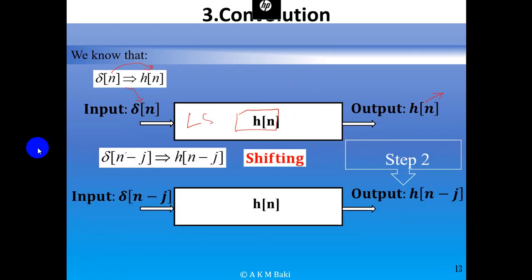It is also explained that a shifted delta function will produce equivalent shifting at the output, or shifting of the impulse response. So the input has a shifted delta function, the output has a shifted impulse response. Important to note is that equivalent shifting.